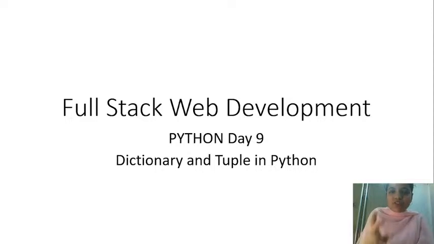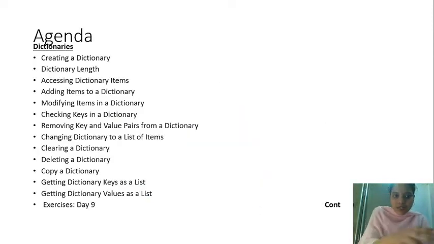Today we are going to study the last two collection data types in Python, that is dictionary and tuples. So, the agenda, I keep it in front of you. These are the different things in dictionary we are going to learn.